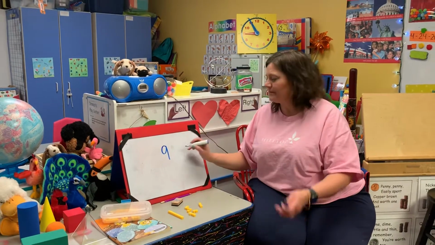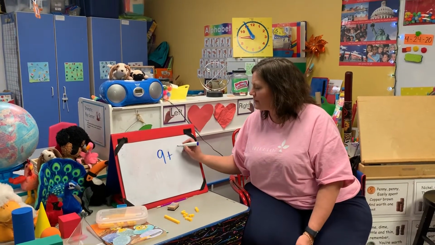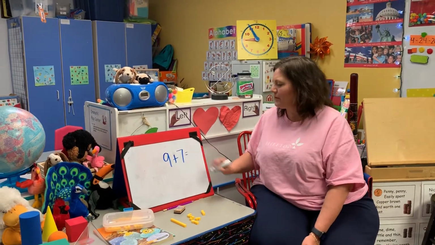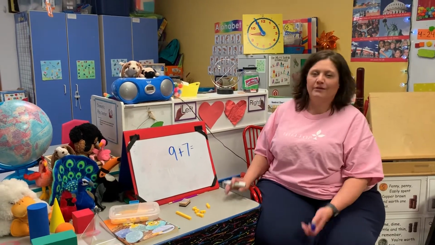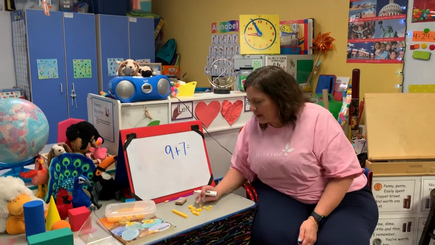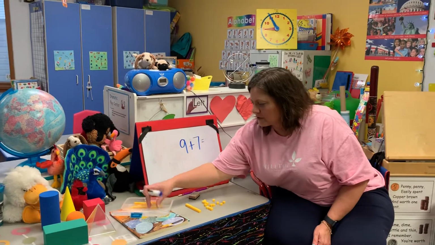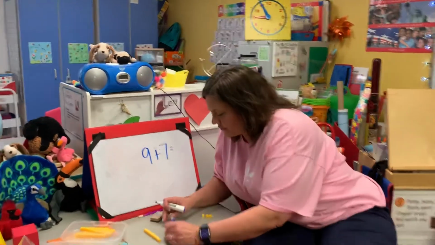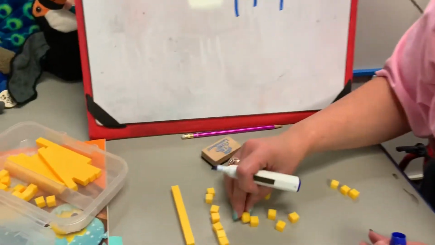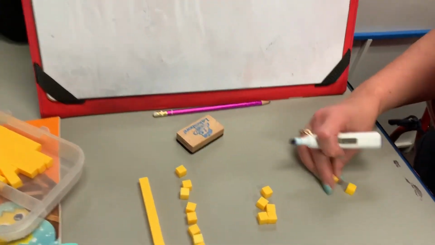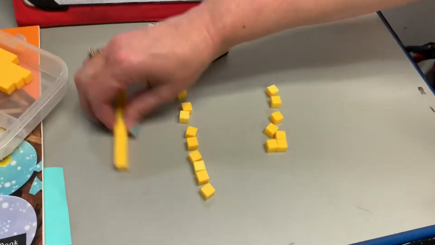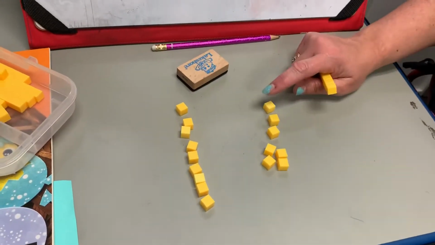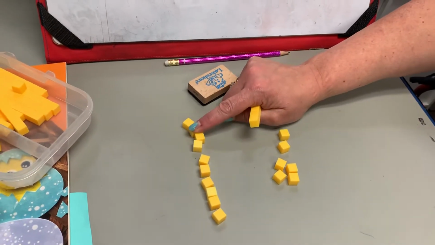I'm going to start with 9 again. And then I'm going to do plus, let's do 7. 9 plus 7. Now we could sit there and count on our fingers. We can count our cubes. But let's do like what we did before. So I've got 9 and 7. All right, so we're going to take our 9 and make 10.